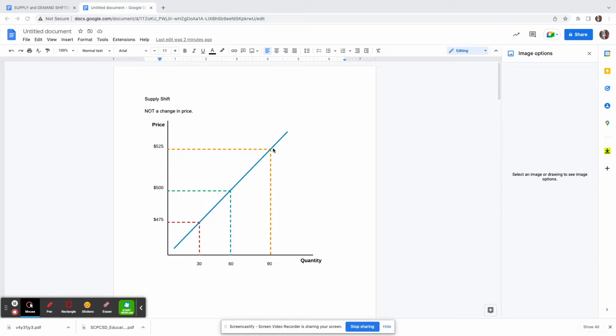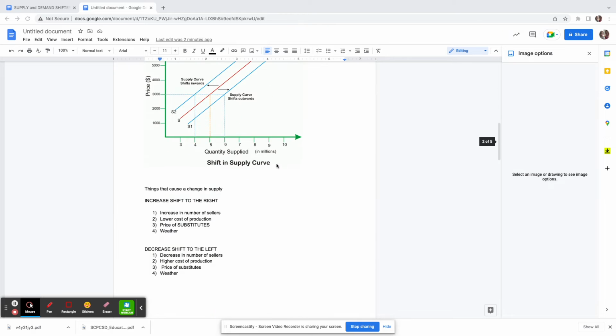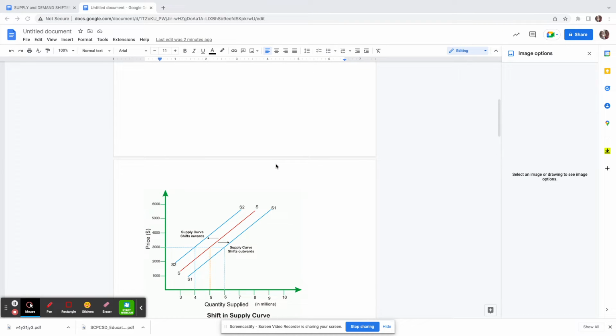Now, what we're doing is shifting that line. We are saying, okay, price is going to stay the same, but something's causing supply to go up or supply to go down, even though the price doesn't change. So watch, this is your price.